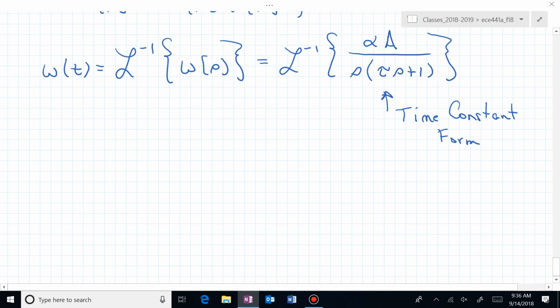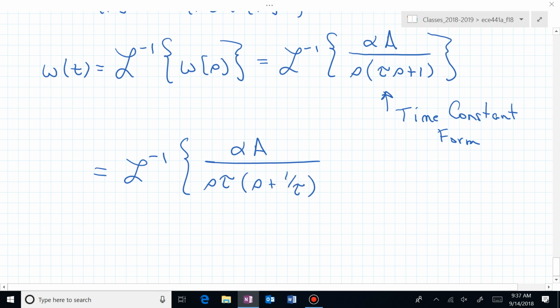If that's the case, now let's start to rewrite that expression. So let me pull out the tau and put it into a pole zero form in the denominator. So I now have alpha A, and I have s tau. Now I have s plus 1 over tau.